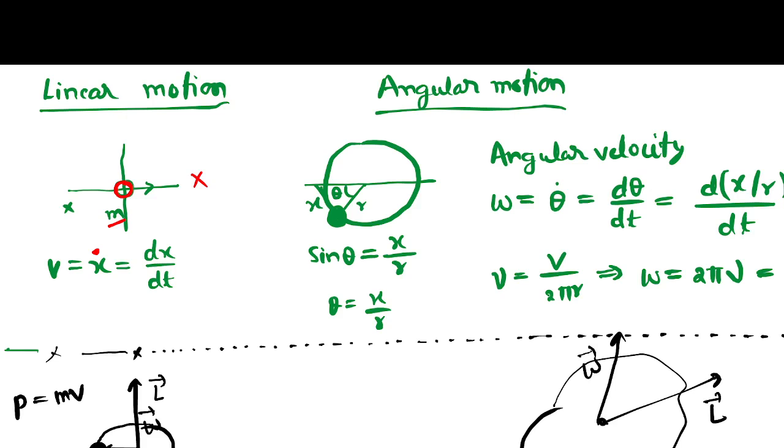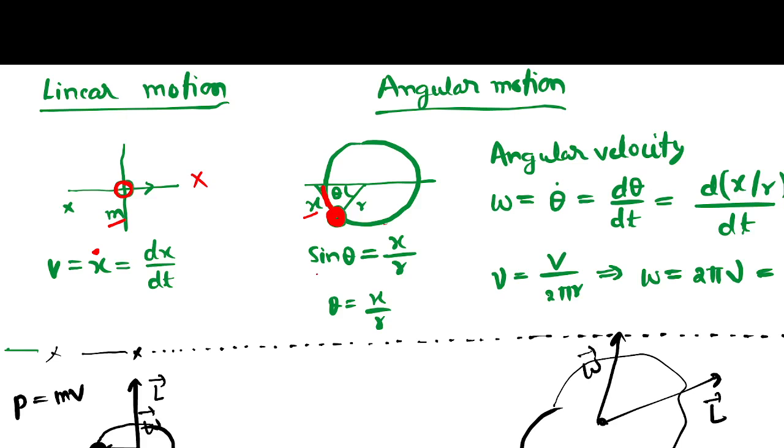But if a particle is moving around a circle, let's say it moved till this distance x. This is very small, so we can consider this arc as a straight line.